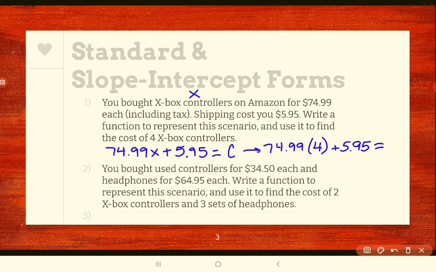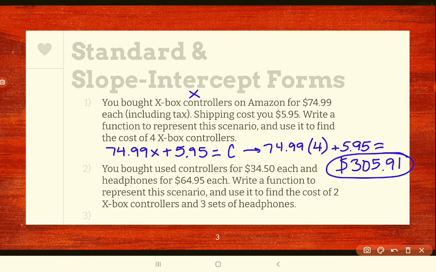So $74.99 times 4 plus $5.95 is $305.91. So that's what's called slope-intercept form, okay? All that it means is that you have one number with x and one number by itself. Okay, we'll talk about that more next time.